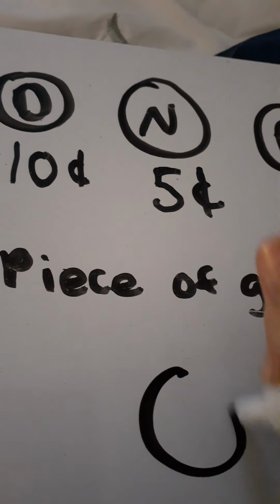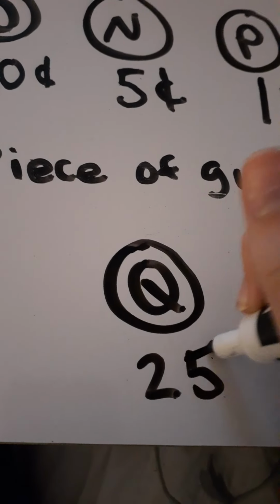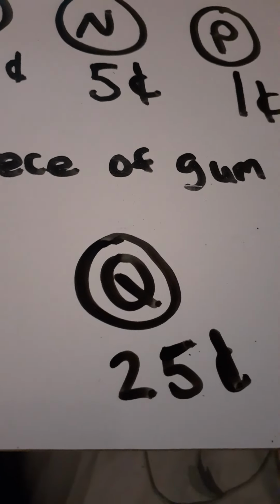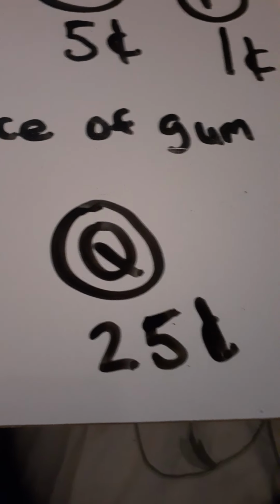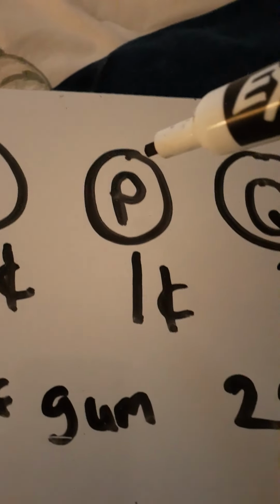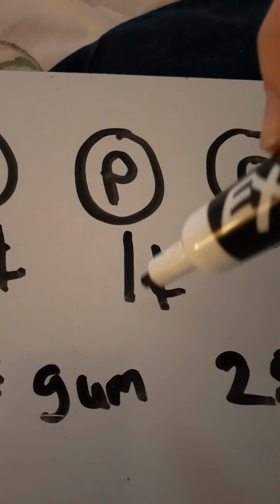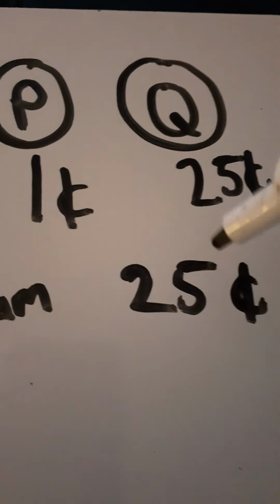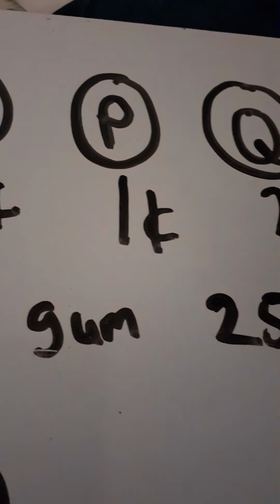Alright, so we could pay with 1 quarter because a quarter is 25 cents. How easy would that be? We would just have to give them the quarter. Another option we could do is we could give them 25 pennies because a penny is worth 1 cent and the gum is worth 25 cents. So we could give them 25 pennies.